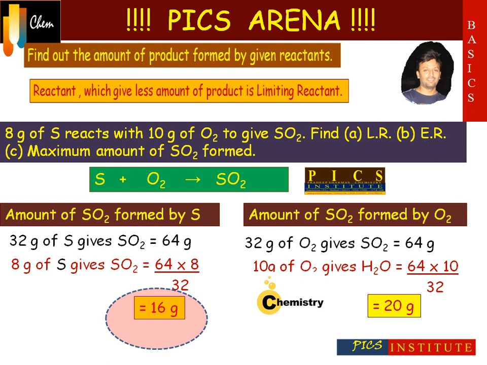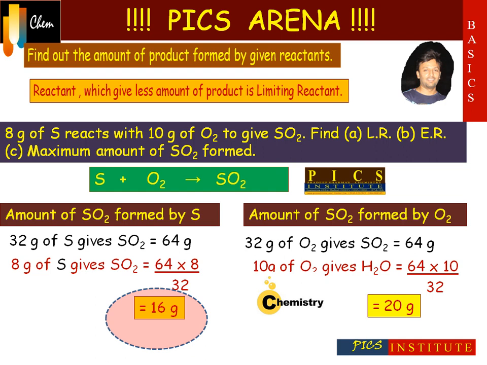So from the question we can say the limiting reactant is sulfur and the excess reactant is O2. Now the third part is to find out the maximum amount of SO2. So always remember, the maximum amount of a product formed corresponds to that of the limiting reactant.